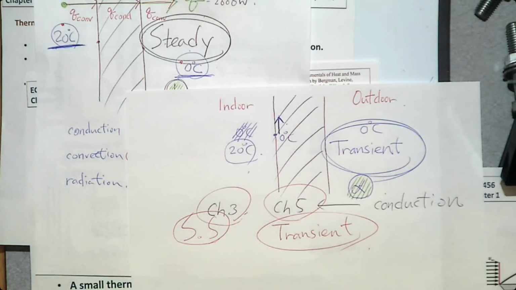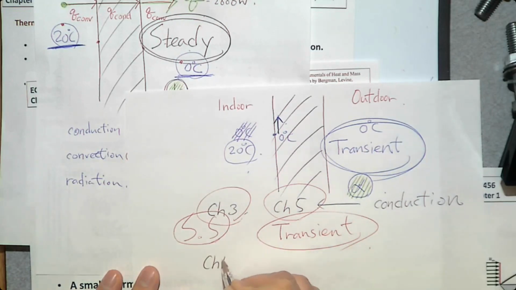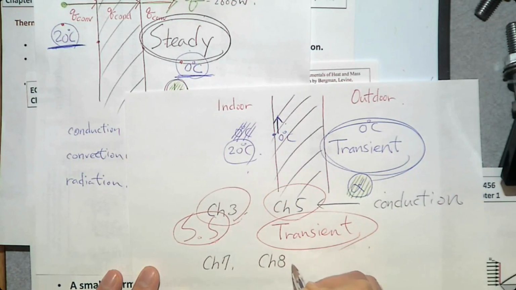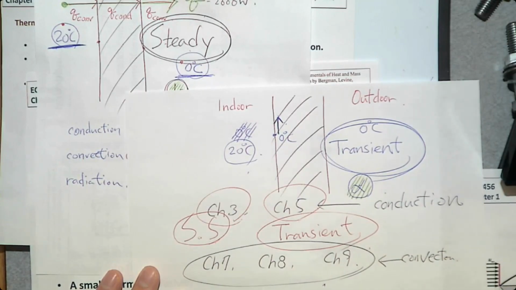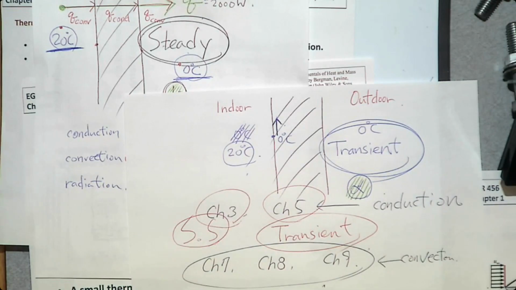That's for conduction. What about convection? There are 3 chapters, chapters 7, 8, and 9. These are for convection heat transfer. In chapter 7, we are going to study external forced convection, like the convection between a surface and a fluid that is moving. In chapter 8, we are going to study internal forced convection.